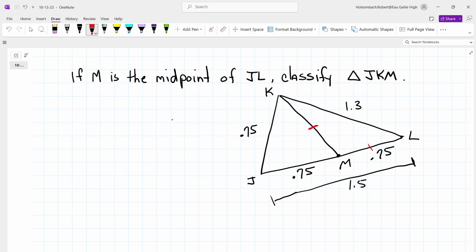KM is congruent to ML. If KM is congruent to ML, and they're both 0.75, then that makes KM 0.75. So if we're classifying triangle JKM, it's got three congruent sides, doesn't it? That's called equiangular.